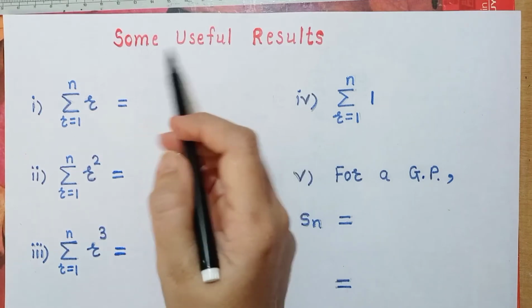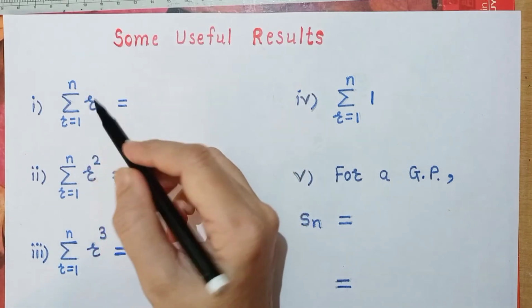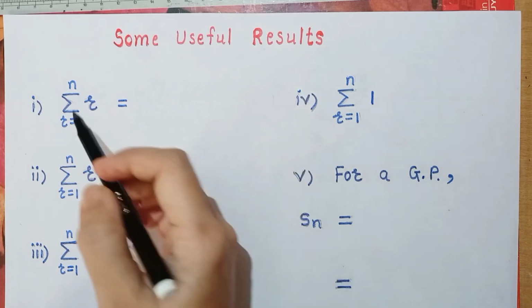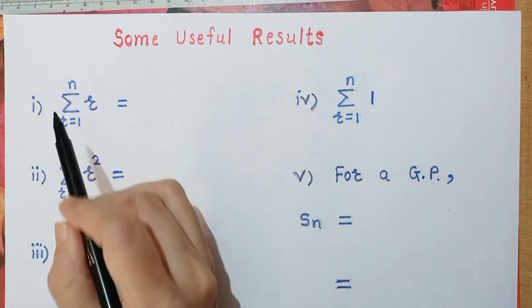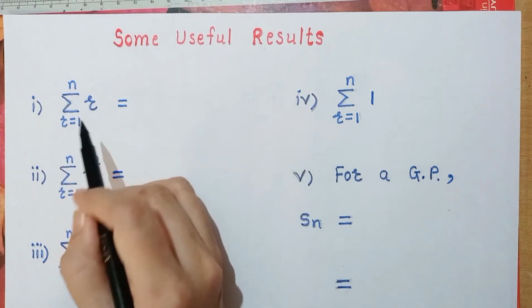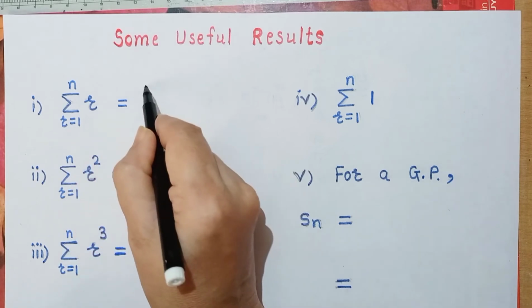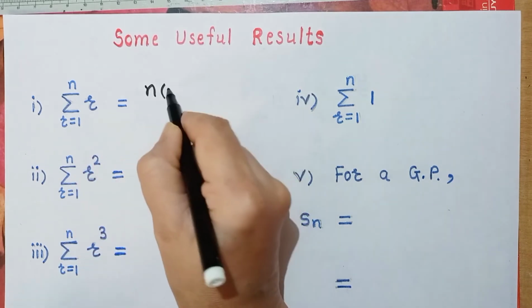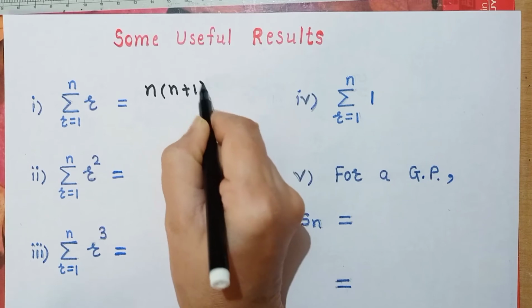Now let's check some useful results. We have already studied these formulae. The first formula is summation r running from 1 to n, and its answer is n into n plus 1 upon 2.